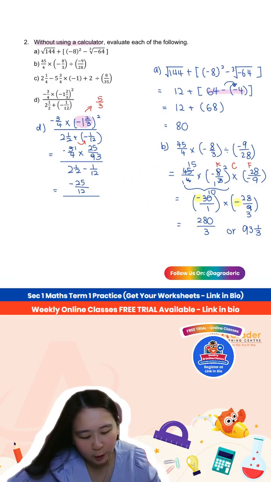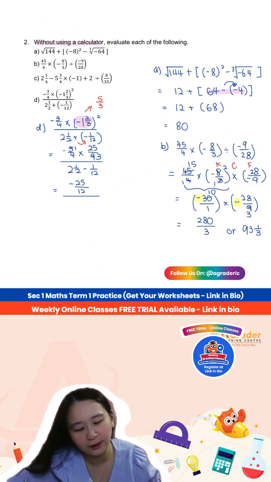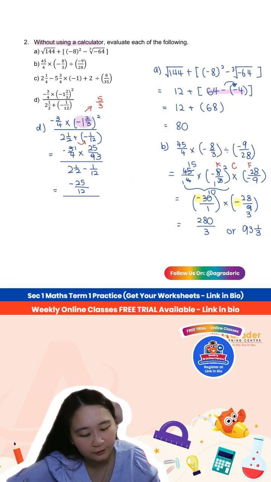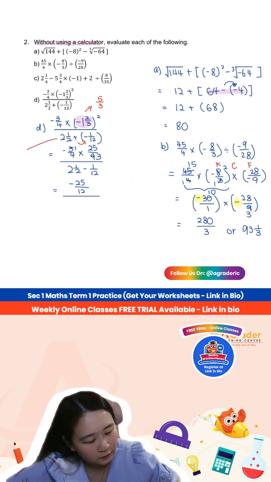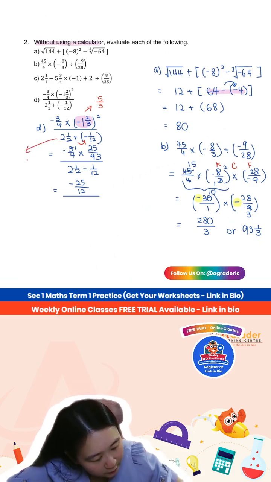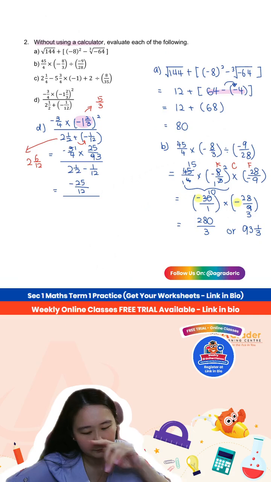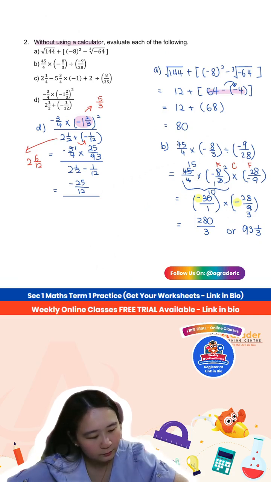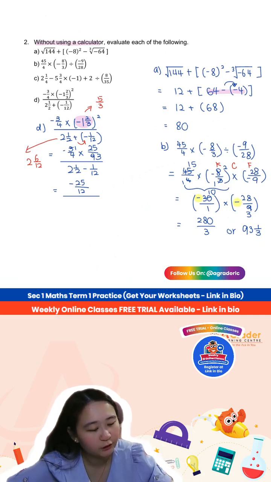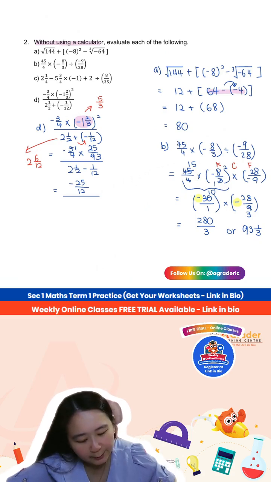Then for the denominator, 2.5 minus 1 over 12. So 2.5 is 2 whole 6 over 12. So 6 over 12 minus 1 over 12, we will have 5 over 12, meaning our denominator will be 2 whole 5 over 12.